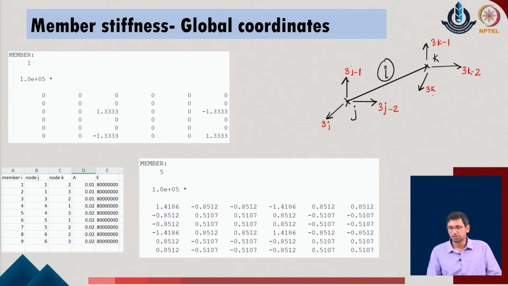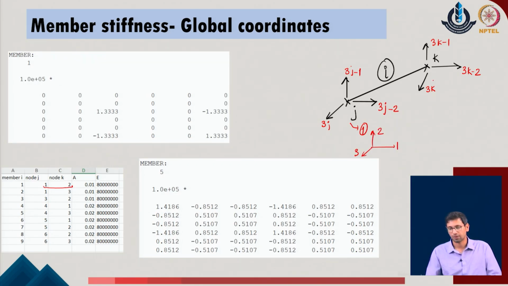So I will use this order of the degrees of freedom to consider where the contribution of each member's stiffness is going. When I look at member 1, I see that member 1 is connected to nodes 1 and 2. So node j is 1 and node k is 2 in the given problem, which means that with node 1 as j, I have 3 degrees of freedom, which will be 1, 2 and 3.